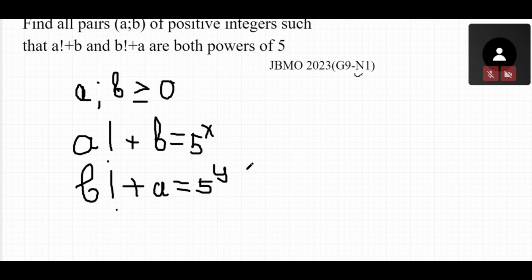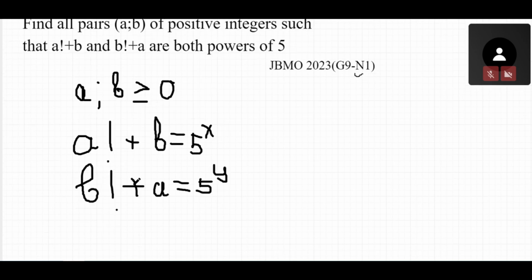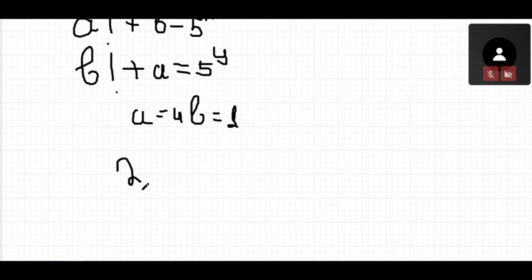Firstly, let's find some solutions. For example, if we write 4 for a and 1 for b, 4 factorial is 24.